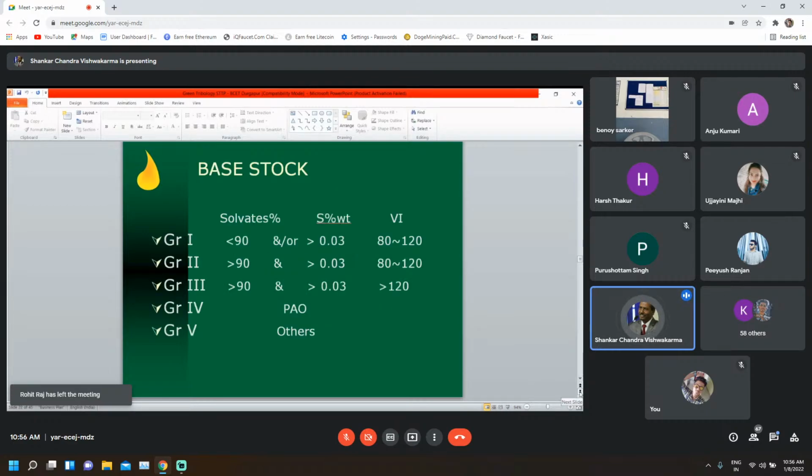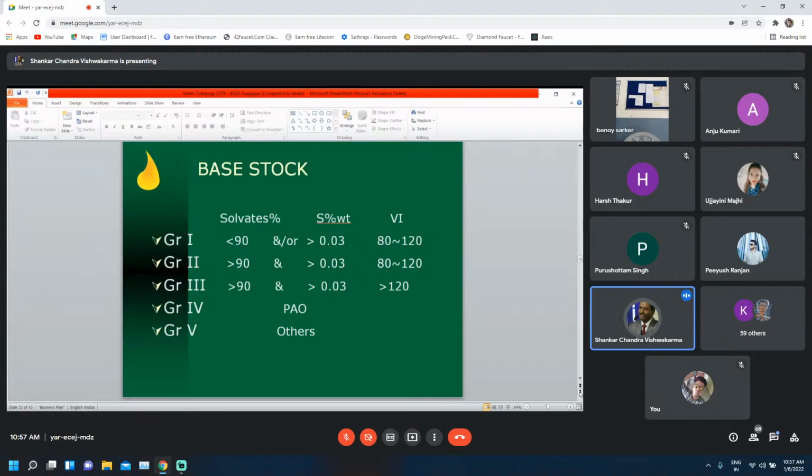The base stock is characterized in 5 groups. We call it group 1 base stock, group 2, group 3, group 4, and group 5. From this slide, you can see group 4 is basically a synthetic base stock, polyalphaolefins. The rest, group 1, group 2, and group 3, are all mineral oil based.